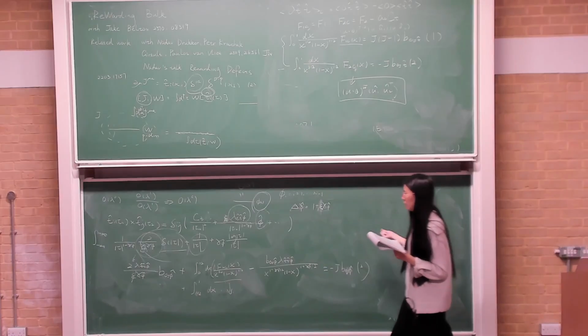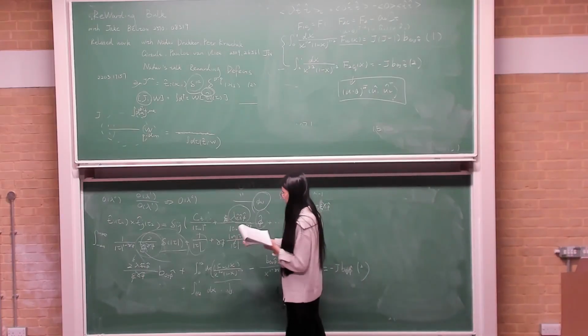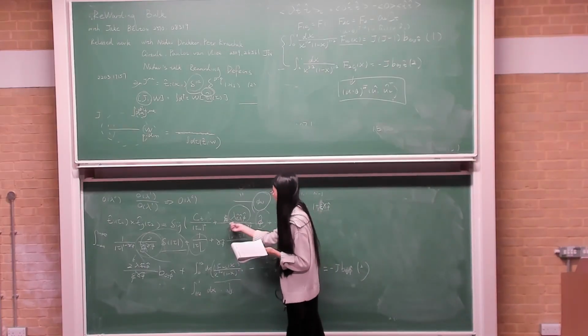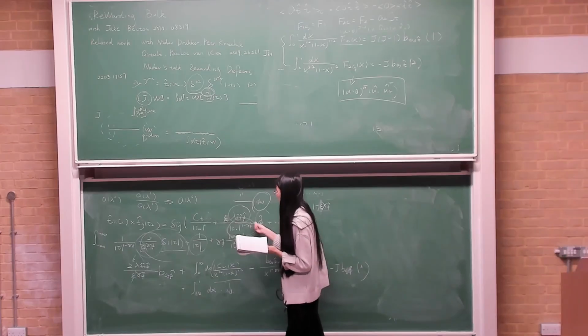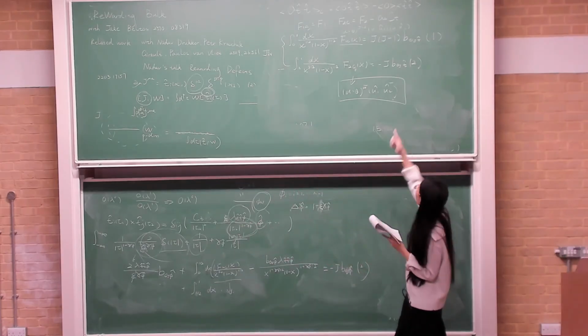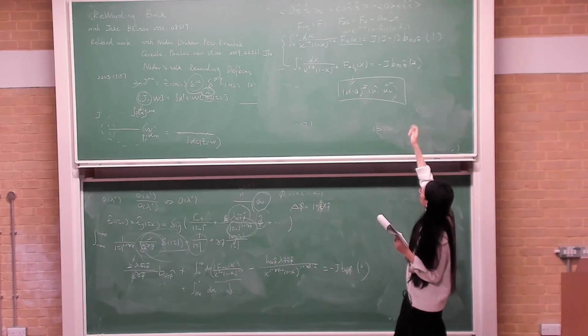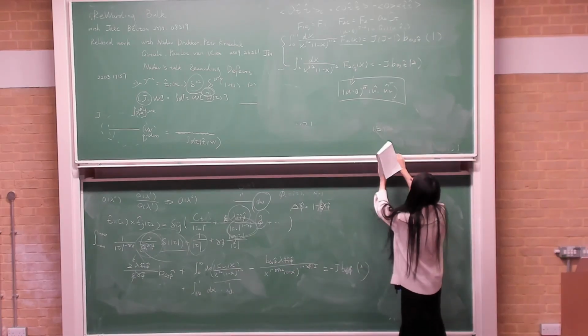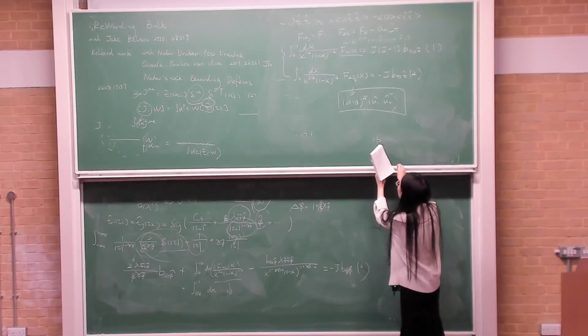And here I do not have this denominator, and I don't have to worry about the contribution of this term. In that case, we will say that F2 has to satisfy this directly.